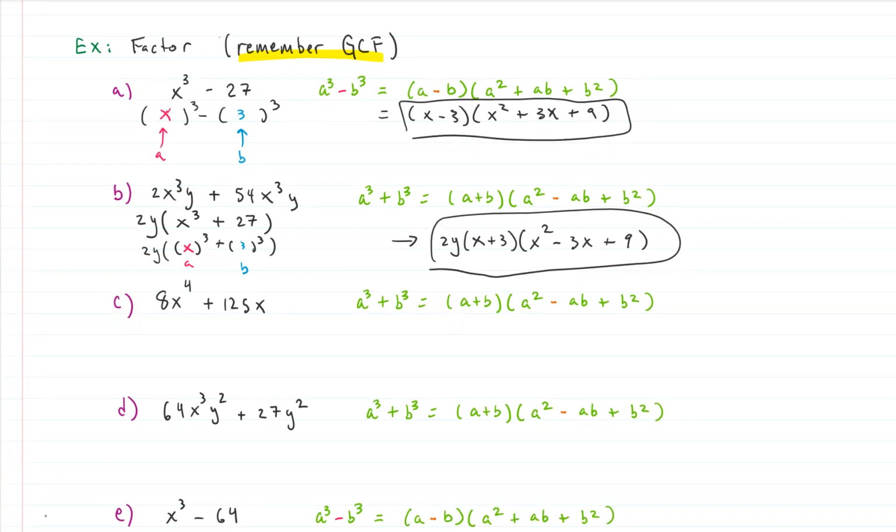Let's do C. C is 8x to the 4th plus 125x. So we look at it. Do we have anything in common? We should always be taking out the greatest common factor if we can first.